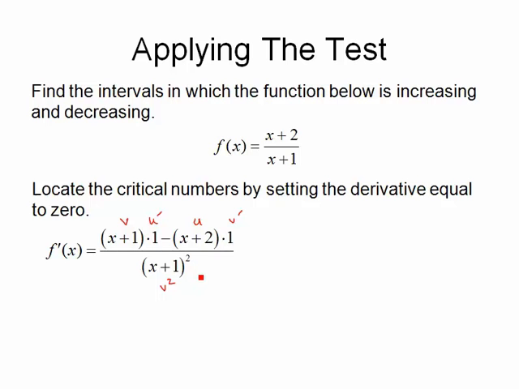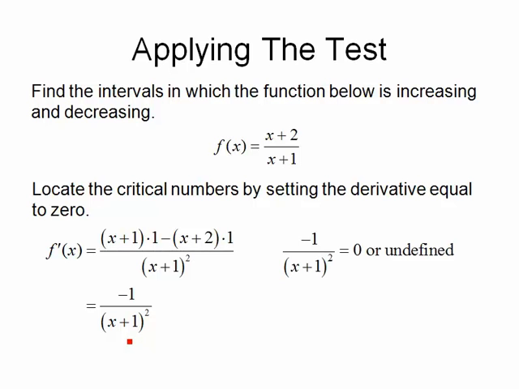So x plus 1 squared. I'm going to go ahead and distribute that negative onto each one of my terms here. And when I do that, a lot of good stuff happens on top, and we get -1. On the bottom, we still have x plus 1 squared.